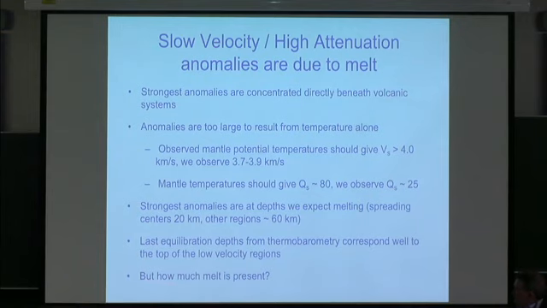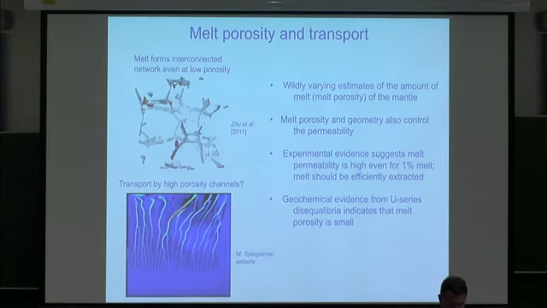One question that I'm going to talk a little bit about is how much melt is present. One of the things that is kind of concerning to me is that I read sometimes in the literature that the upper mantle contains 2 or 3% melt porosity, 2 or 3% melt by volume.